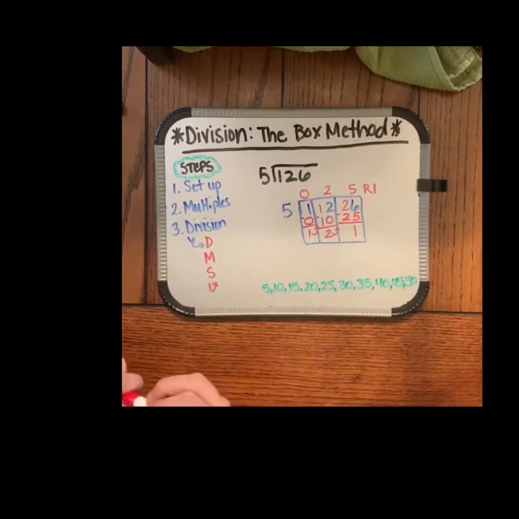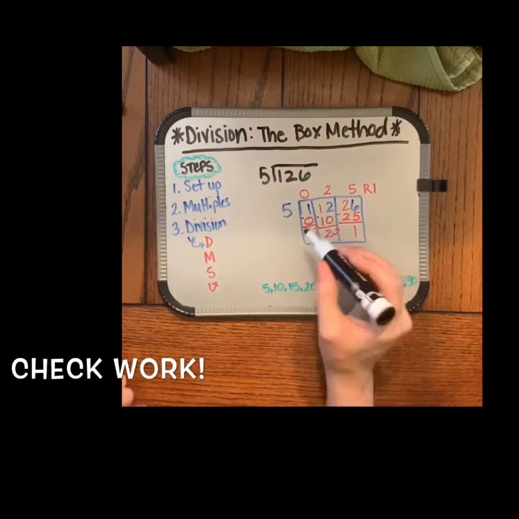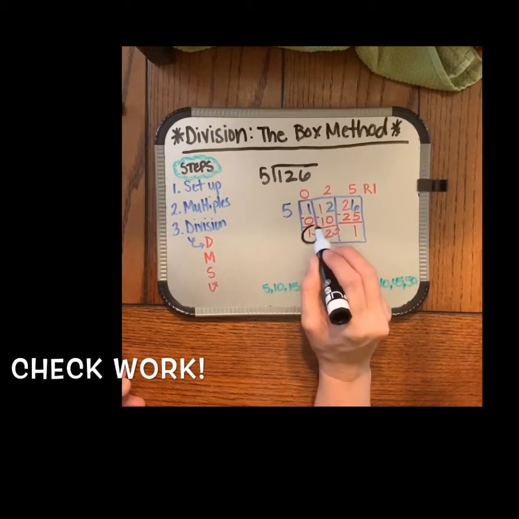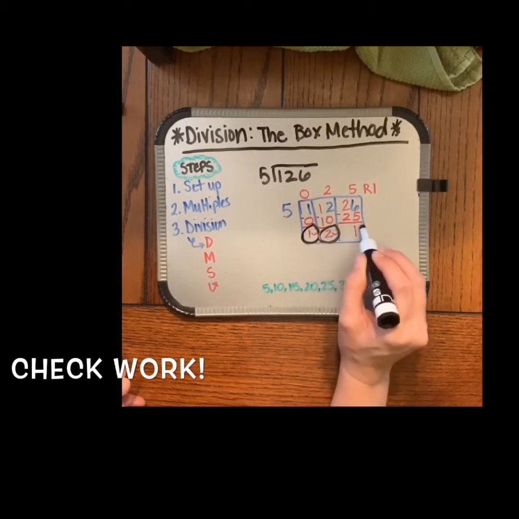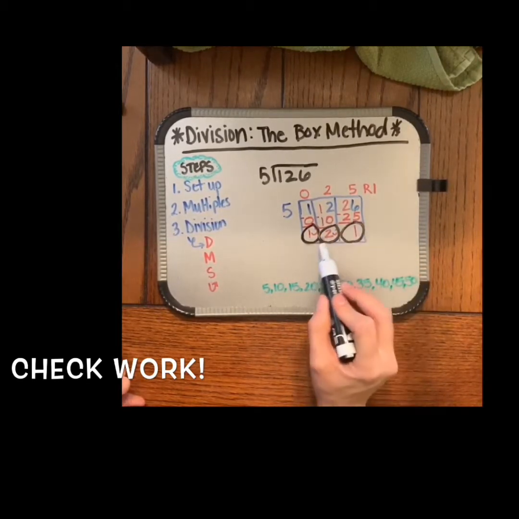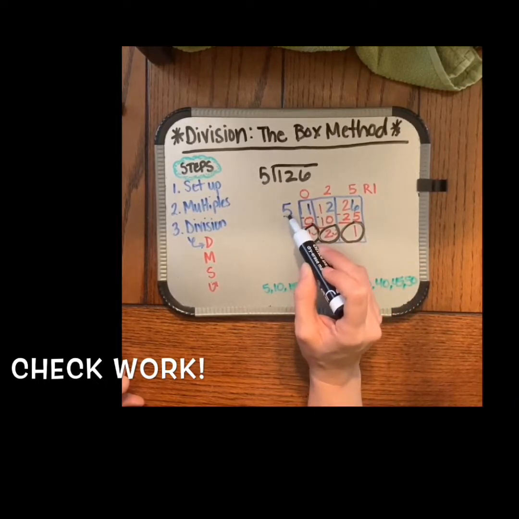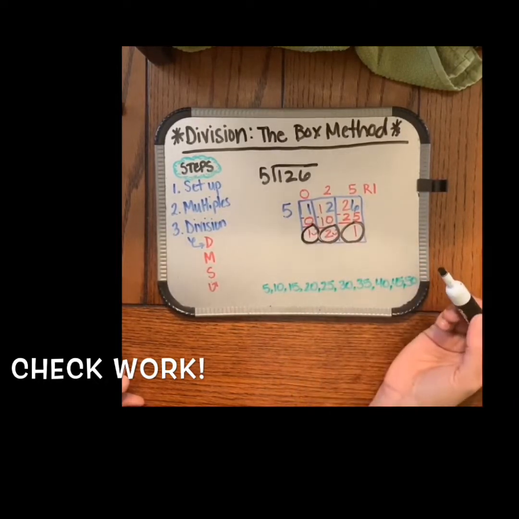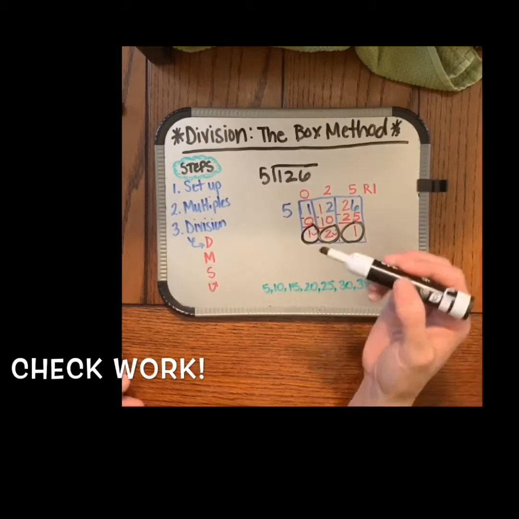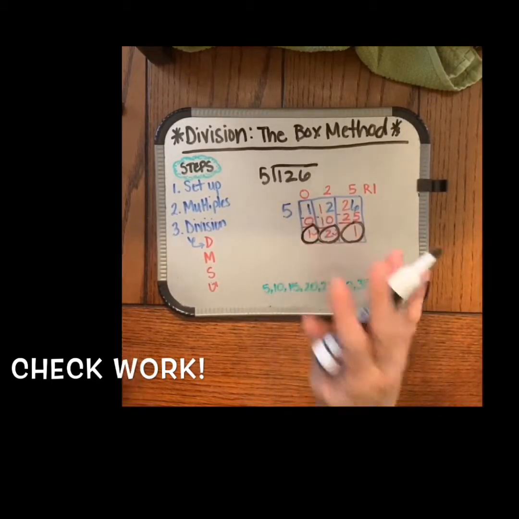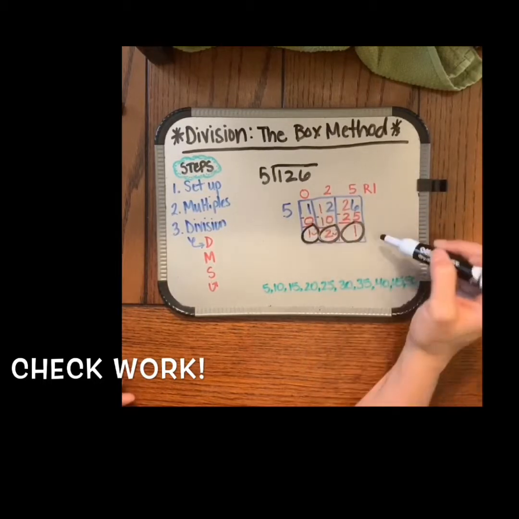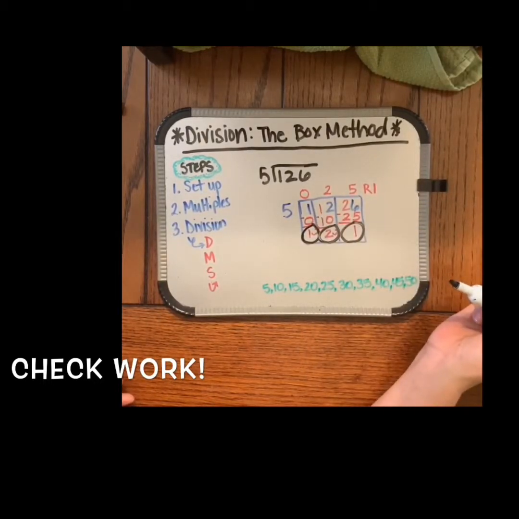Now, one of the things you can do to check your work to make sure that you're not making a mistake is to look at these numbers right down here. If any of these numbers after you subtract are larger than this number, then you know that you did something wrong. So that's an easy way to stop, check your work before you get all the way to the end and see that it doesn't work.